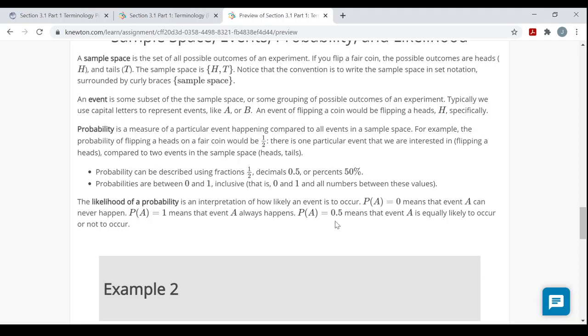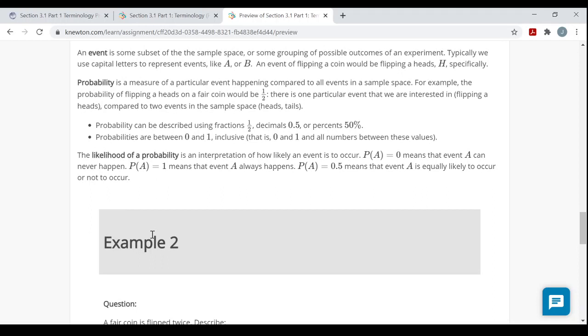And then you have stuff in between, like the probability of flipping a heads earlier. The probability of an event A equal to a half, 0.5, means that event A is equally likely to occur or not occur. You have a 50-50 chance, 50% chance. You might have heard that kind of stuff before. But please know that probability will never be greater than 1, and it will never be less than 0. It's always going to be some number from 0 to 1, or 0 to 100%.